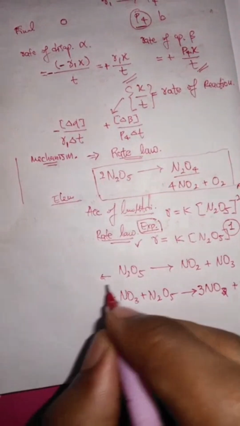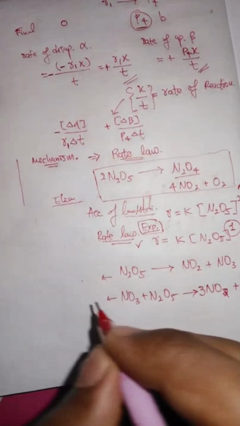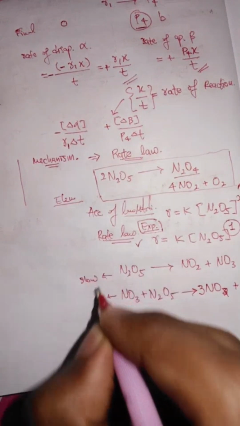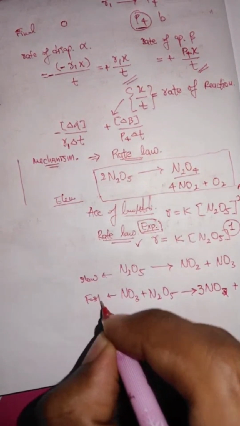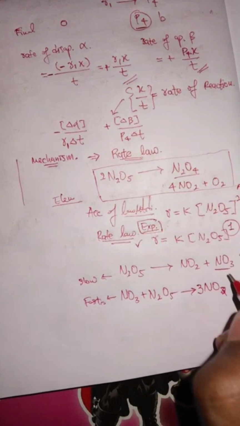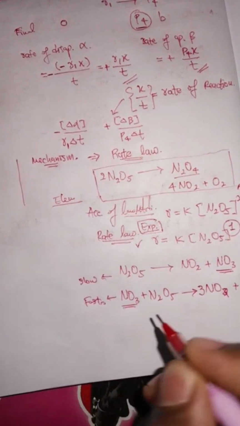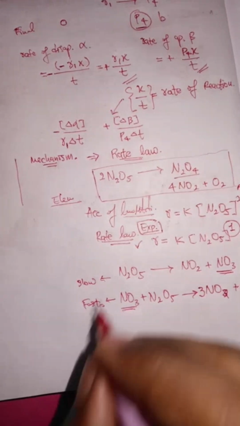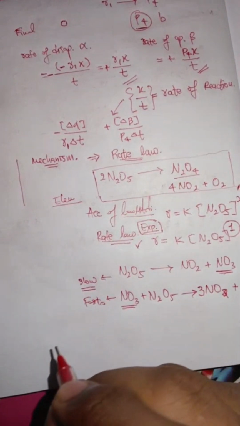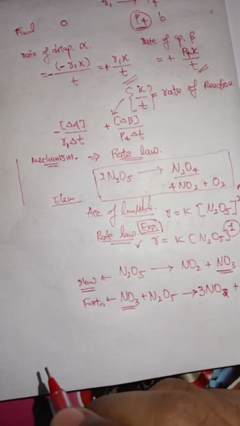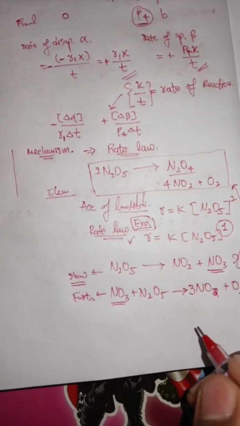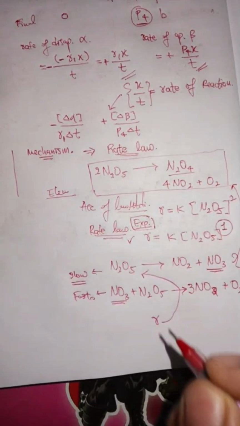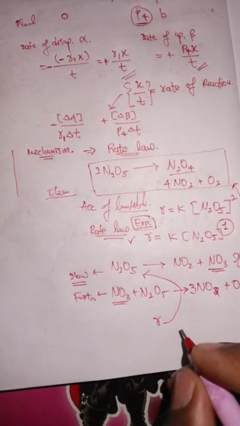Here this reaction is slower, and this is faster. After this, NO3 is the intermediate that quickly reacts and gives a product out, and here this is the slow elementary reaction. In this regard, we find that the rate is dependent only on the concentration of N2O5 itself.